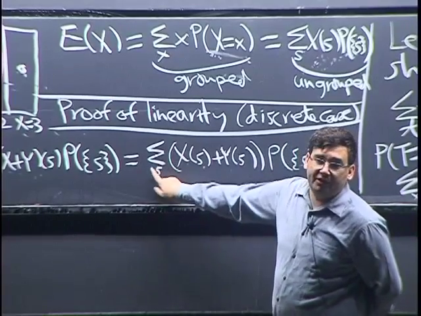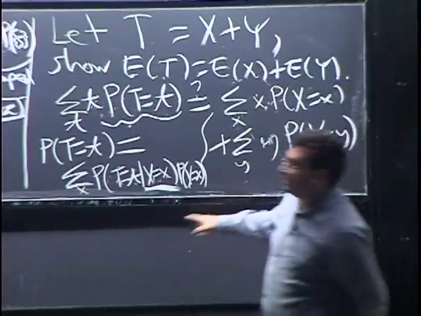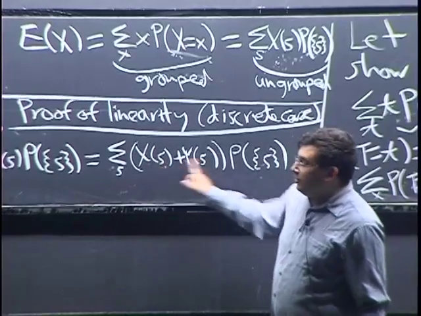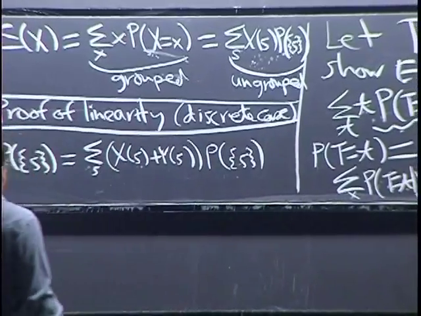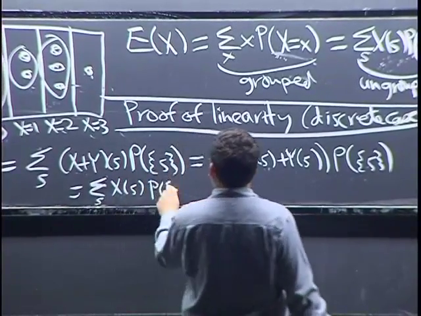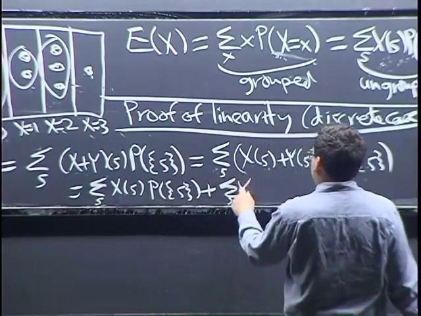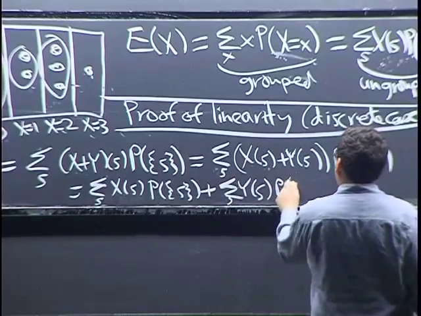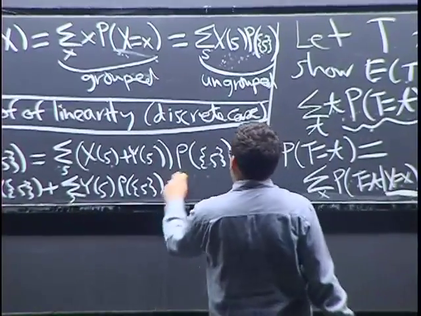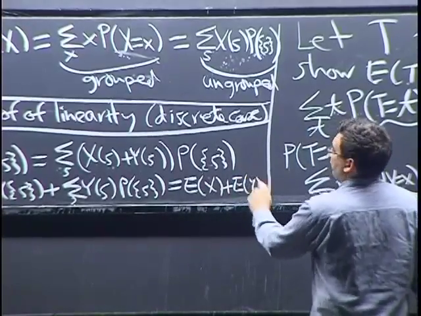Now everything is summed over the same S, whereas here it was annoying because we had a sum over X, sum over Y. Here, everything is a sum over pebbles. So now we just write it as two sums: the sum of X of S, P of S, plus the sum of Y of S, P of S. But that's, according to this identity again, just E of X plus E of Y. And so that's the end of the proof.